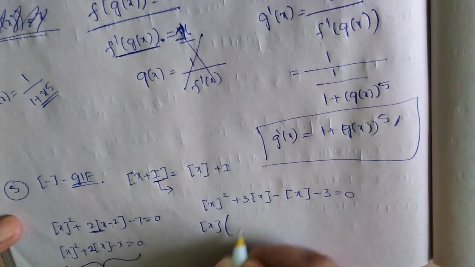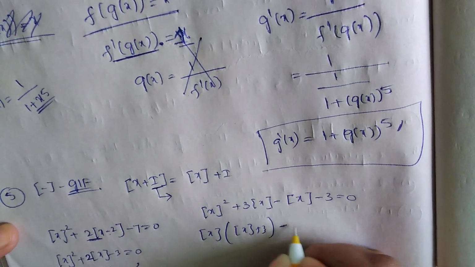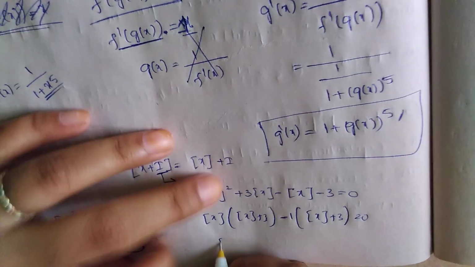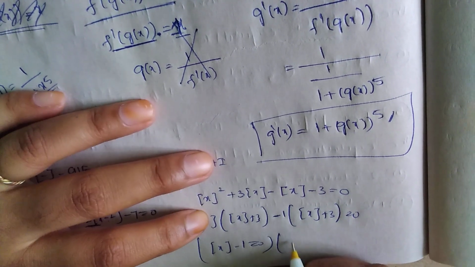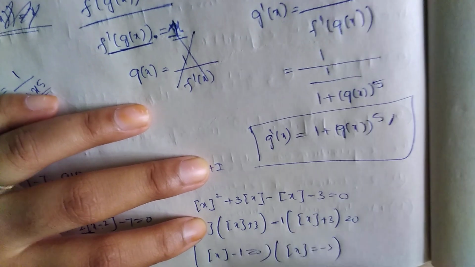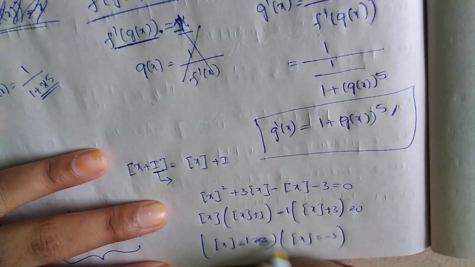That's it. We are done. What do you get? Box x minus 1 into box x plus 3 is equal to 0. So box x is equal to 1 or box x is equal to minus 3.